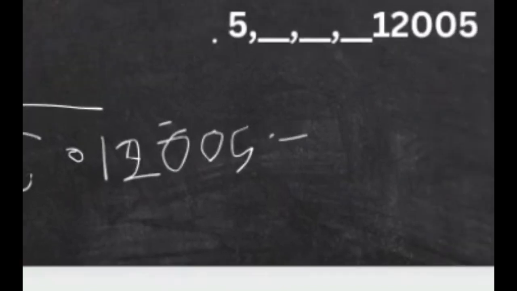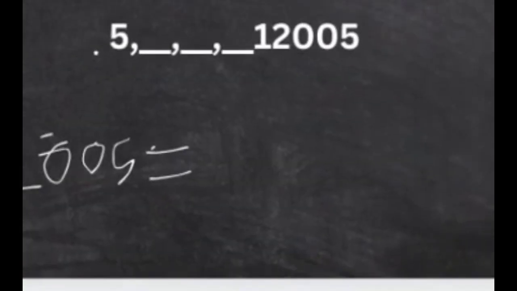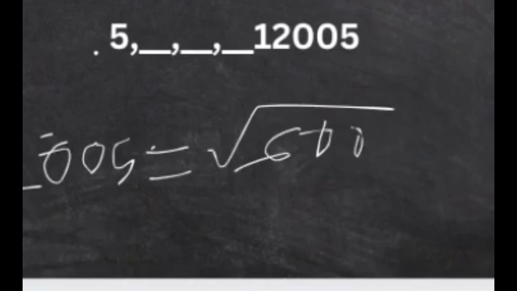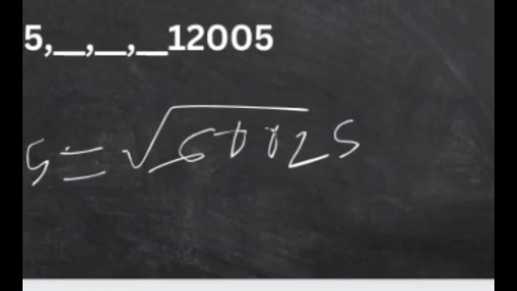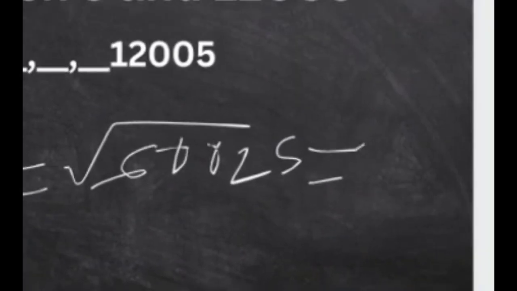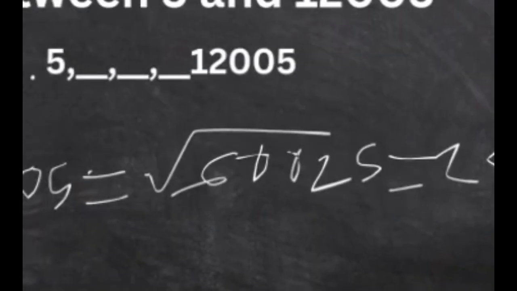And it is equal to the square root of 60,025, which is equal to 245. So our third term is 245. Now that we have the third term, let's solve the second term.